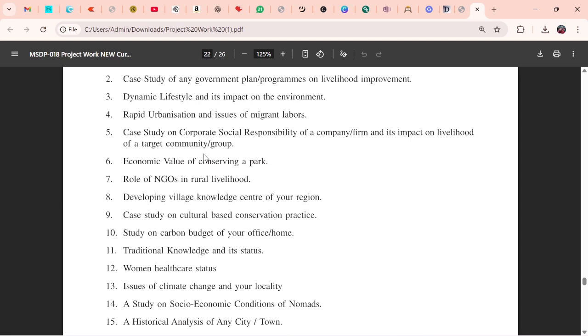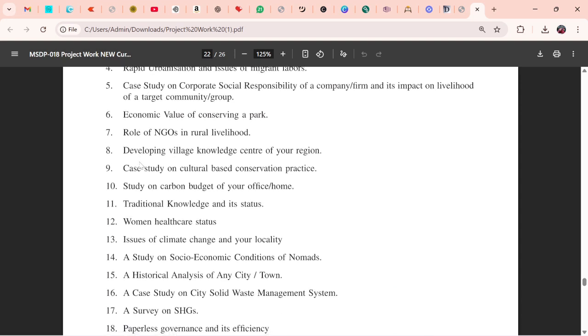You can select any company and study its corporate social responsibility.